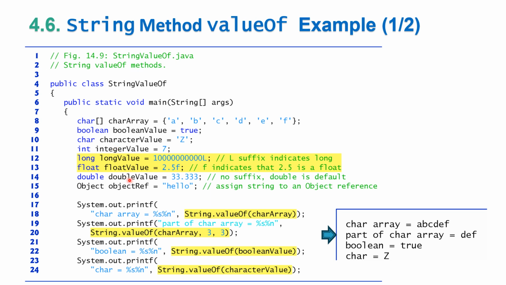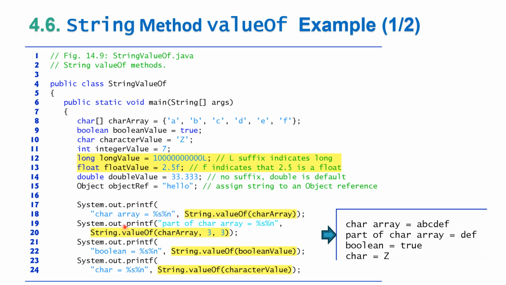Recall that valueOf is a static method of the class String. Therefore, it's called directly on the class String instead of a String object. So you don't have to declare any String object just to call the method valueOf.